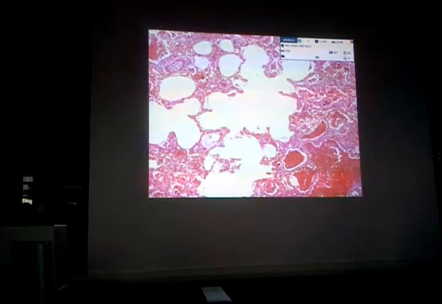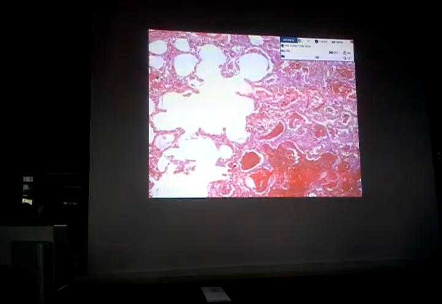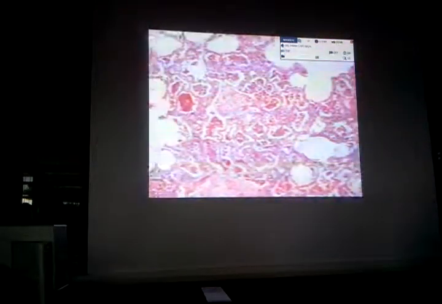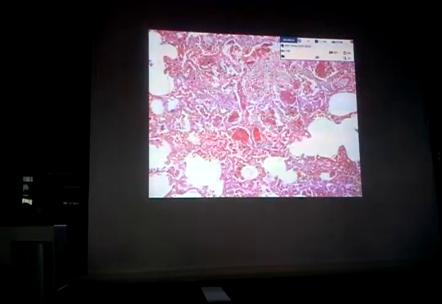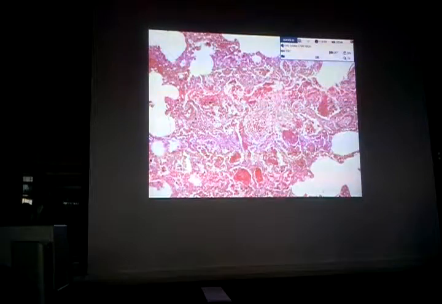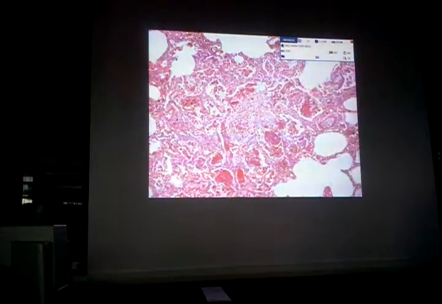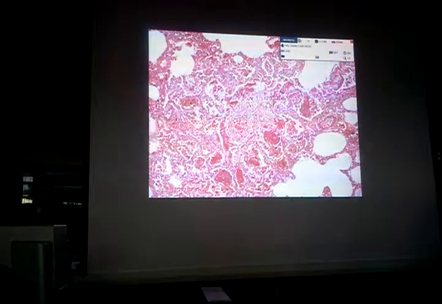So, characteristic problem in this slide, accumulation of the red blood cells inside the alveolar spaces, and then saan na yung mayroong vasculitis kanina? Okay, that should be a blood vessel. Let us zoom into it.